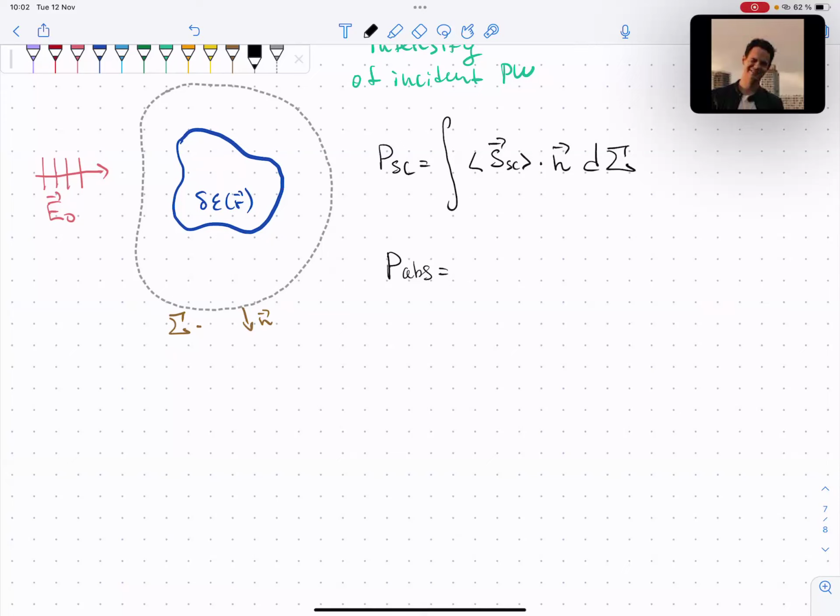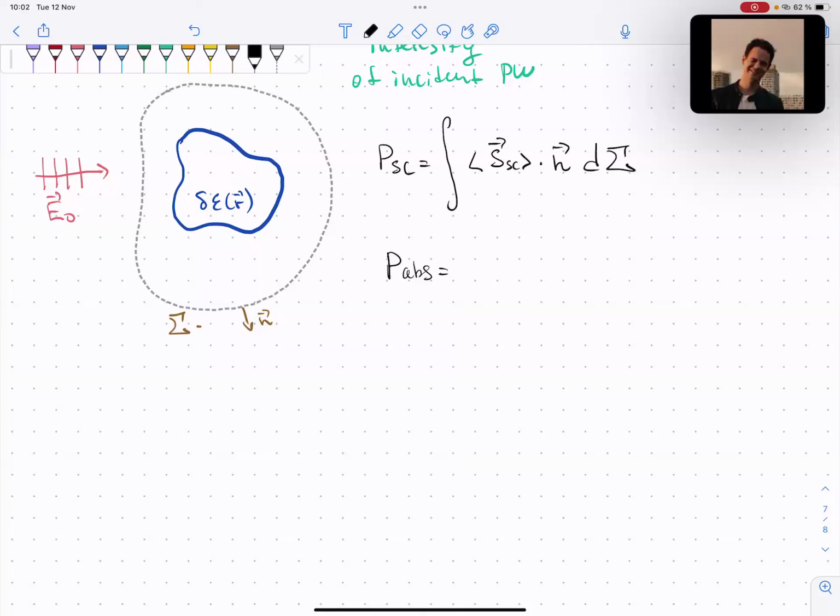From the physical point of view, if we have more energy incoming than outgoing, that means that some energy is absorbed inside the particle. If we have more outgoing energy than incoming energy, it means that some energy is generated inside the particle.